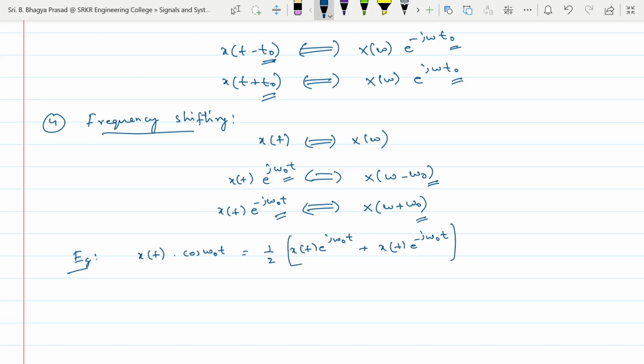Applying the Fourier transform to the left hand and right hand sides, that is x of t cos omega naught t, we get 1 by 2 of X of omega minus omega naught plus X of omega plus omega naught.